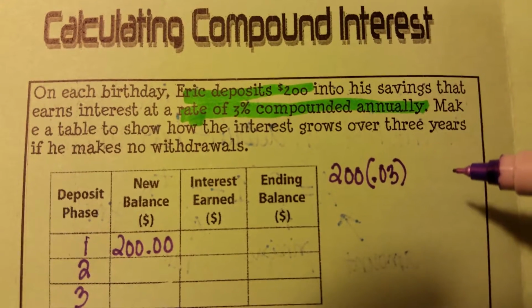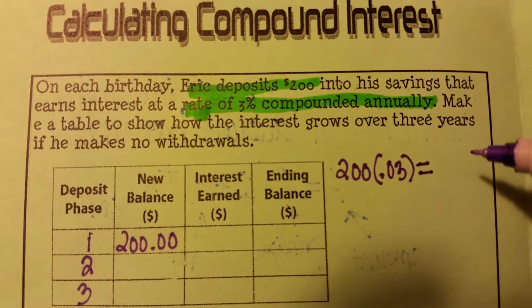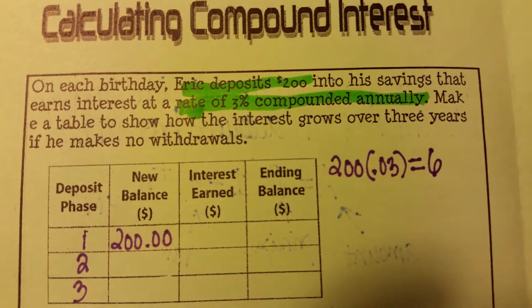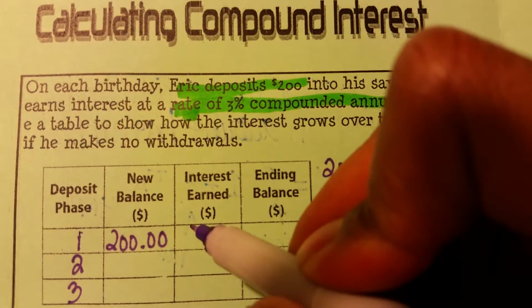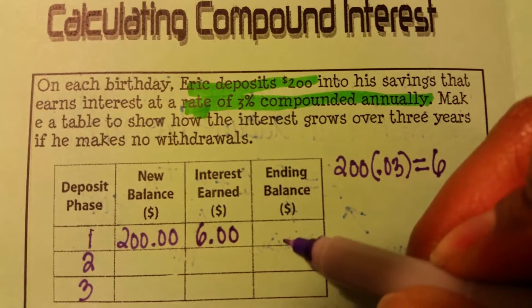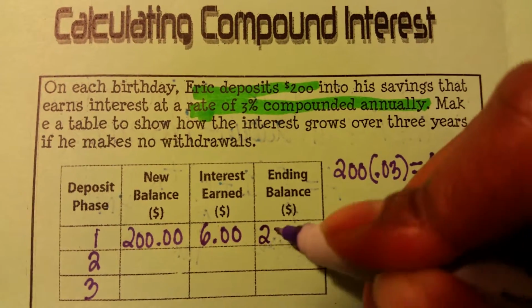And that would give me 6. So my interest earned here is $6, and my ending balance at year 1 is 206.